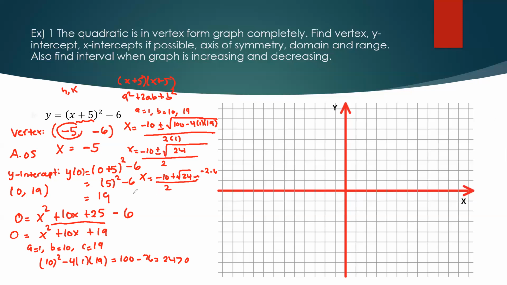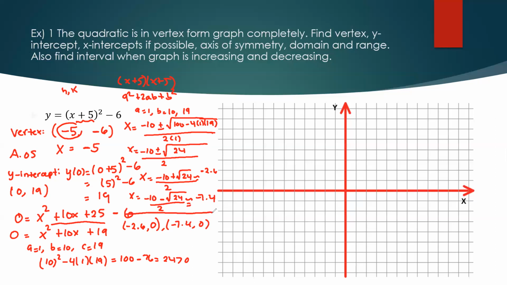And your other one would be negative 10 minus square root of 24 all over 2. I get negative 7.4. Okay, so your two x-intercepts are negative 2.6 comma 0, and the other one is negative 7.4 comma 0.